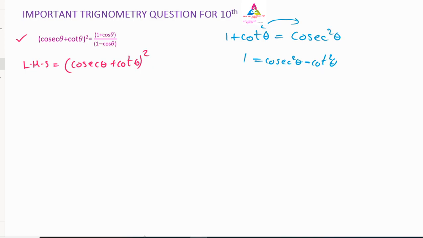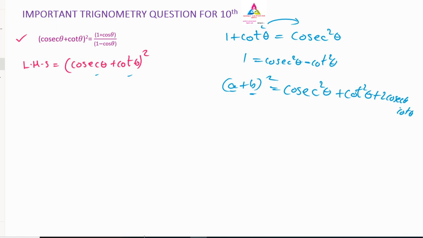Here we have cosecant square theta minus cot square theta, but in this case we have cosecant theta plus cot theta the whole square. When we use the algebraic identity, it becomes the (a plus b) the whole square formula, which is a square plus b square plus 2ab, what you have learned. If you substitute a as cosecant theta and b as cot theta, you are going to get cosecant square theta plus cot square theta plus 2 cosecant theta into cot theta.